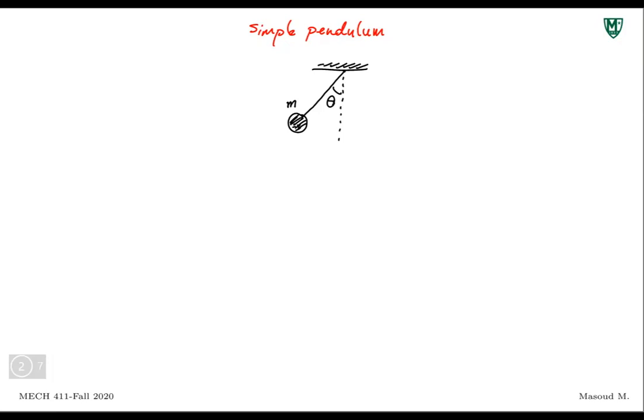The equilibrium position is the position at which the pendulum is standing at the beginning and it's not moving. This vertical line is the equilibrium point for this pendulum. I can pull it away from the equilibrium position. So that's theta.